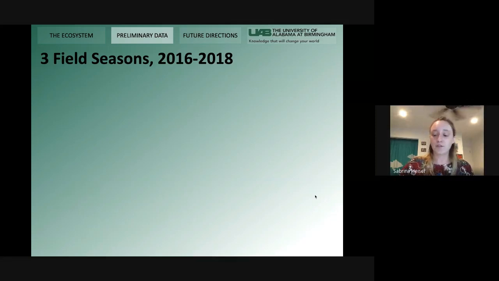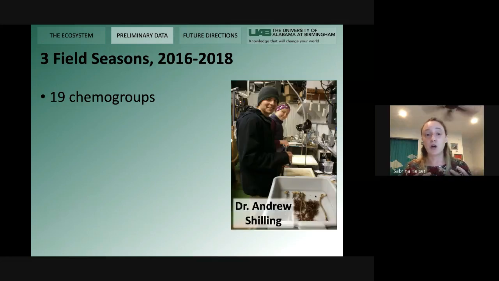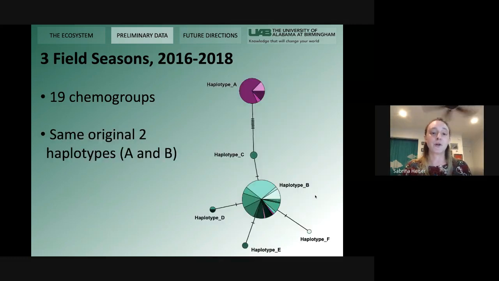And one of the things that we identified during the sampling was that we found a total of 19 different chemogroups. I just want to point out here that a PhD student at the time, Andrew Schilling, is the one who did all of the chemical analysis on the project. And then I did the single gene sequencing for the COX-1, and for some of the individuals, I also did the RBCL in order to identify the haplotypes that those individuals belong to.